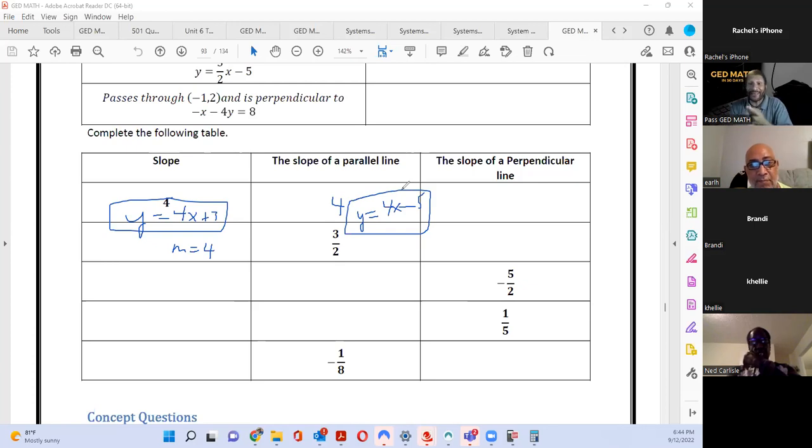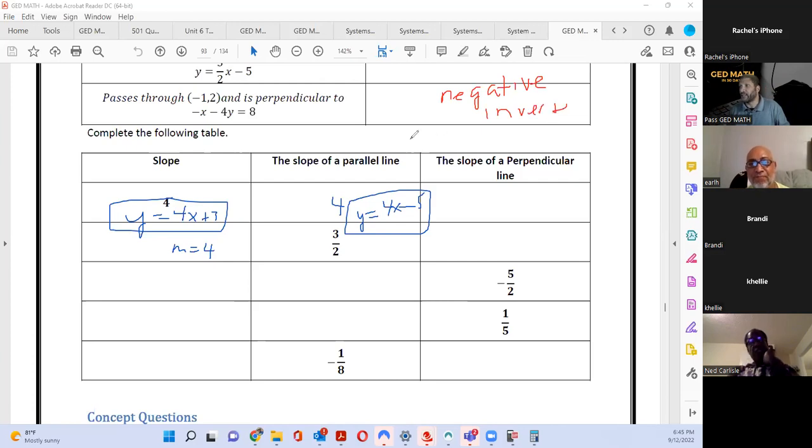I don't care if you write it down 20 times like you did back in the day, or if you use flashcards. Two things you should know: parallel lines have the same slope, and to find the slope of the perpendicular line, you take the negative inverse. Mr. Tinsley, what are all these math terms? The negative inverse.